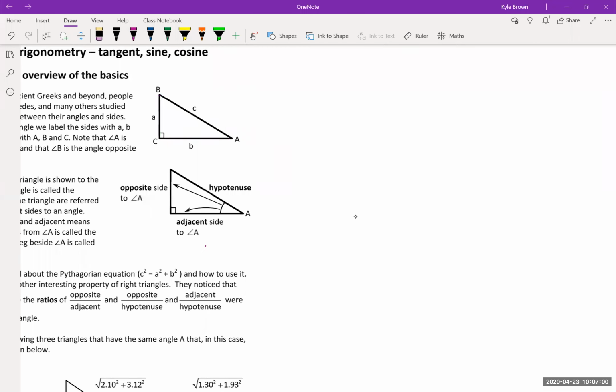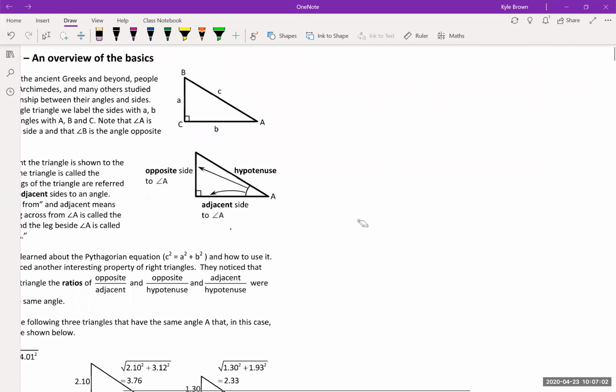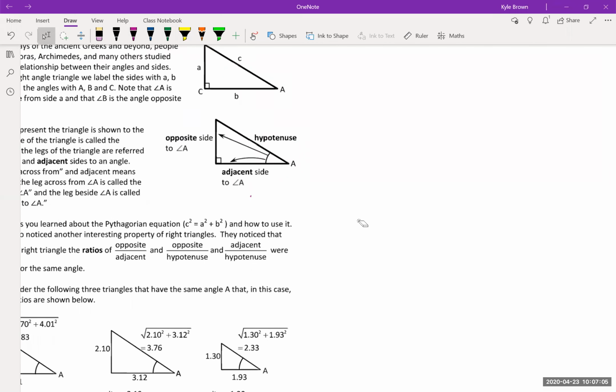The new part is that we're going to start throwing in angles. So if I know this length and I know this length, then I can also figure out the angle, right? So we're throwing angles into these right angle triangles now too. In order to do that properly, we come up with some new names.